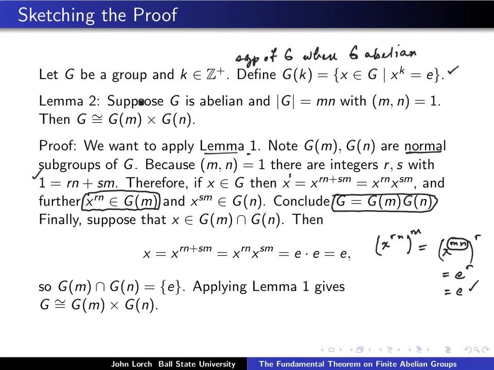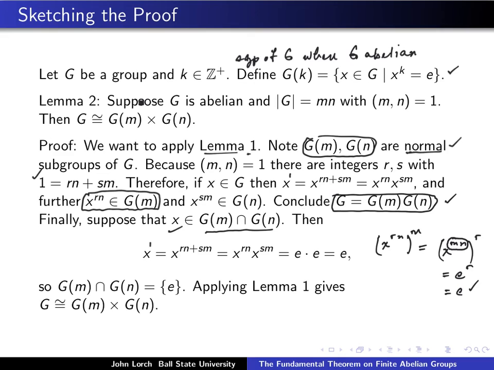All right, so we've shown that these two groups, G of m and G of n, are normal. We've shown that the larger group G is the product of G of m and G of n. And then the final thing we need to do in order to apply lemma 1 is show that the intersection of the two is trivial. So let's pick some x in the intersection. Then we play sort of the same game we played before.